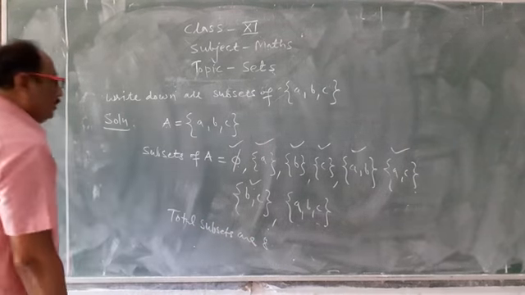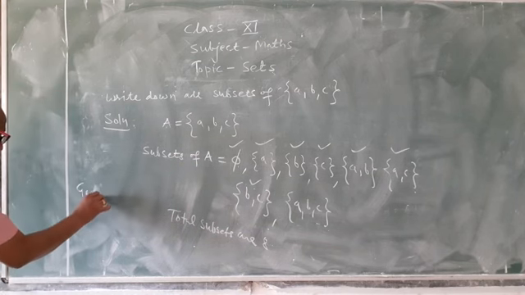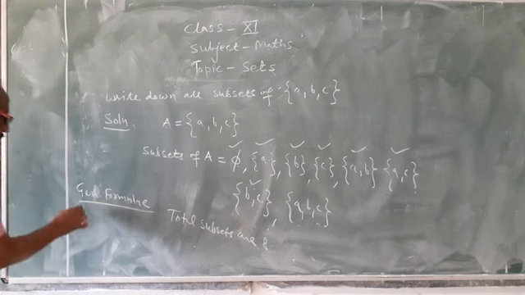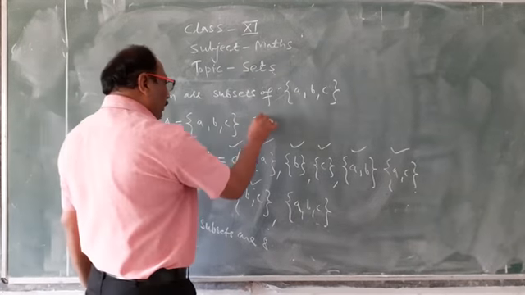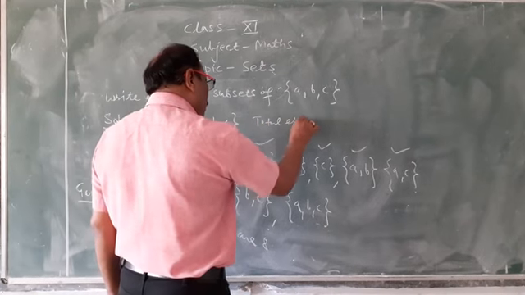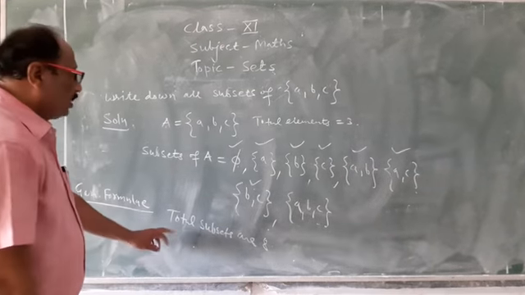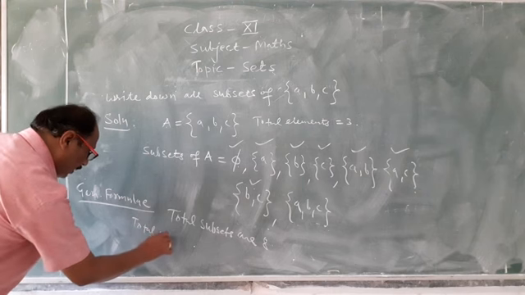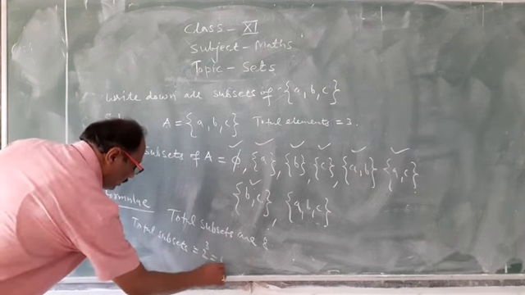Now the general formula to find the number of subsets. Here the total elements are 3, and the total subsets is equal to 2 cubed, which is 8.